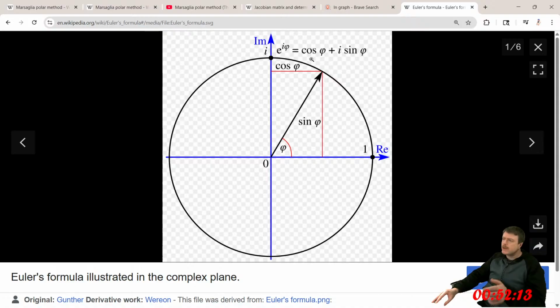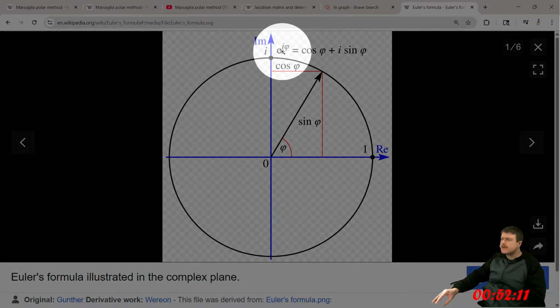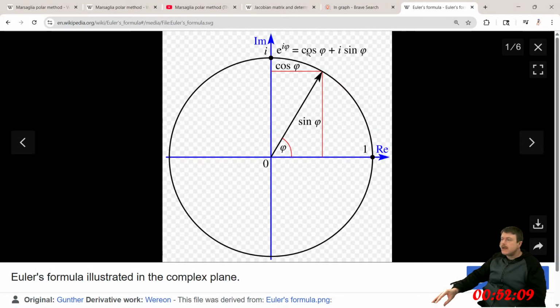It's a lot faster for us to calculate e to the x than cosine and sine, because cosine and sine require either really large lookup tables, which aren't going to be anywhere near accurate, or it's going to require two.